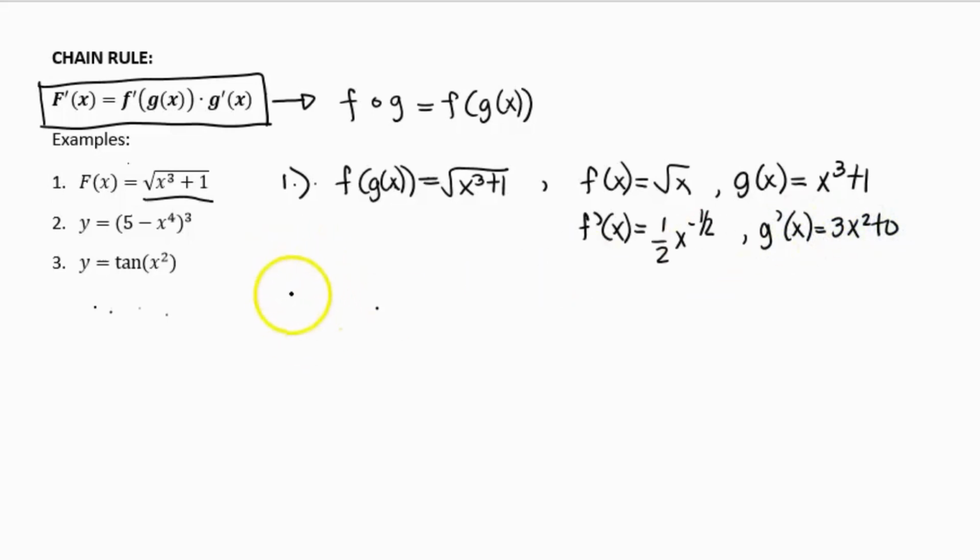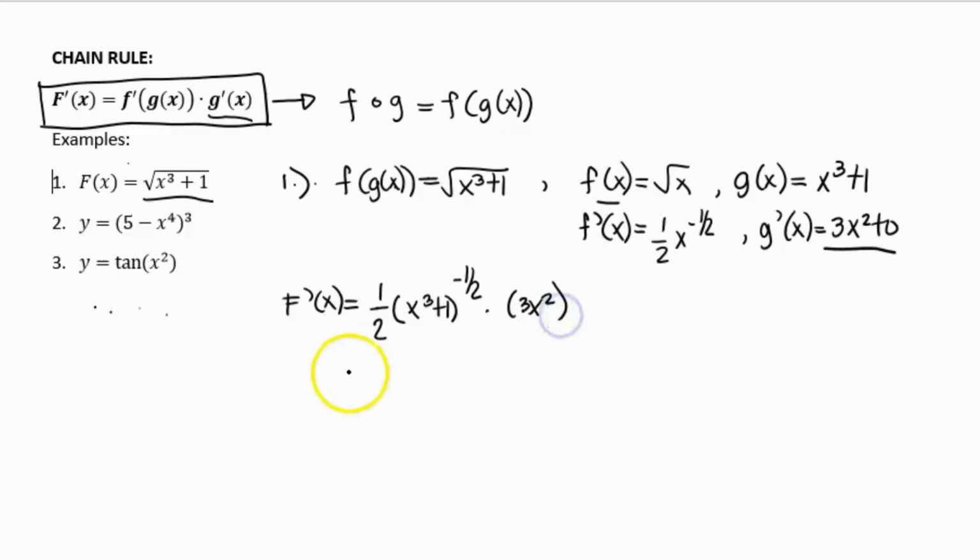So the derivative f prime is 1/2. Then according to our formula, g of x is inside f prime, so that is x cubed plus 1 to the negative 1/2, multiplied by g prime, which is 3x squared plus 0, or 3x squared.